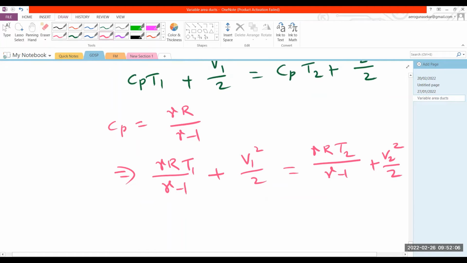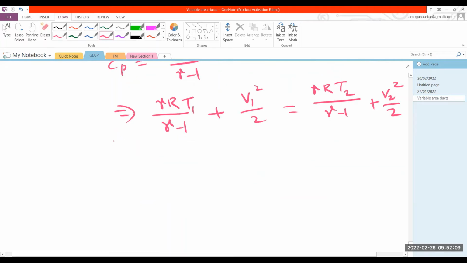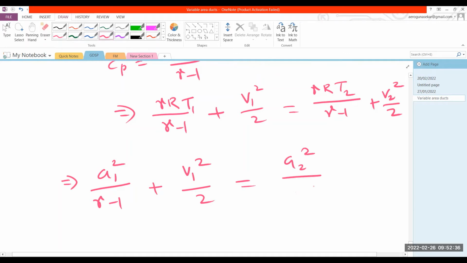What is meant by gamma RT? It can be written as the square root of gamma RT, nothing but the speed of sound. So I can write A1 square by gamma minus 1 plus V1 square by 2, that is equal to A2 square by gamma minus 1 plus V2 square by 2.